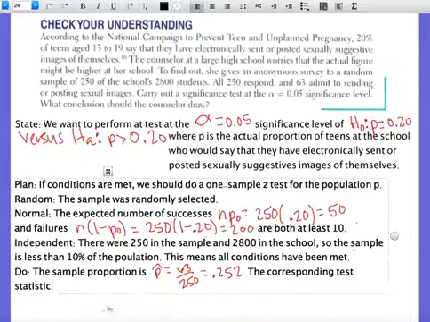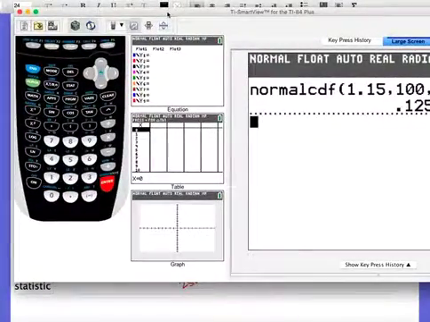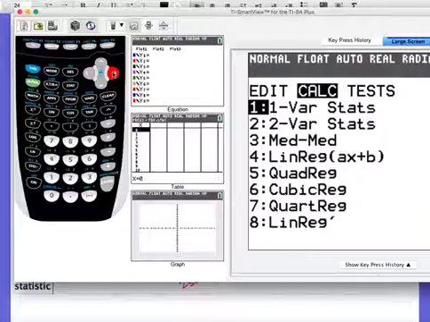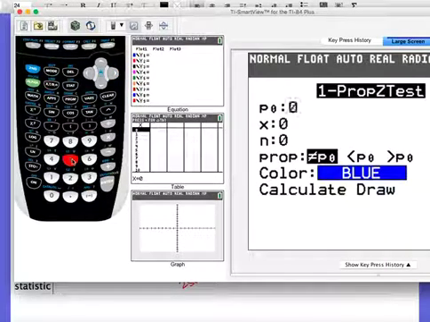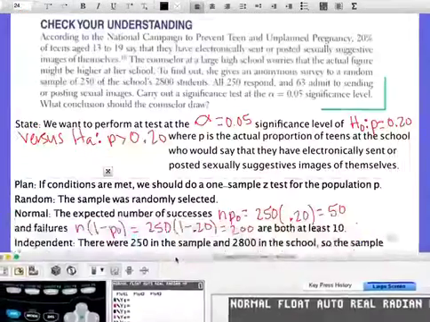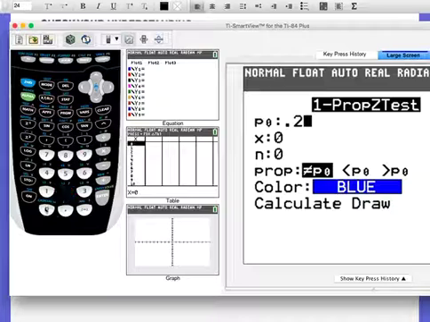So to do that, you would go to your calculator, press Stat, then go to Tests, and then go to option 5, 1 prop Z test. Your p0, in this case, would be 0.20.